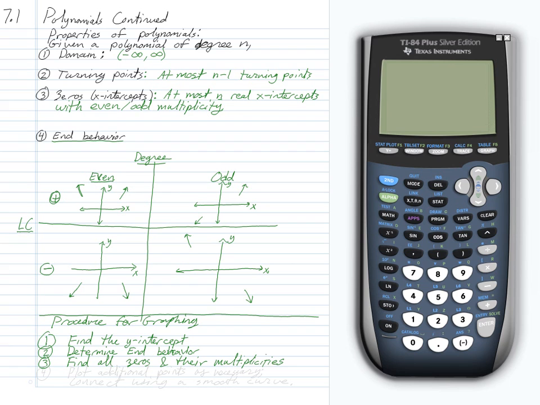And remember, the evenness or oddness of the multiplicities will determine whether the graph bounces off or crosses at those x-intercepts. And finally, we might just plot a few additional points in between all of these that we've already found, and then connect up using a smooth curve.